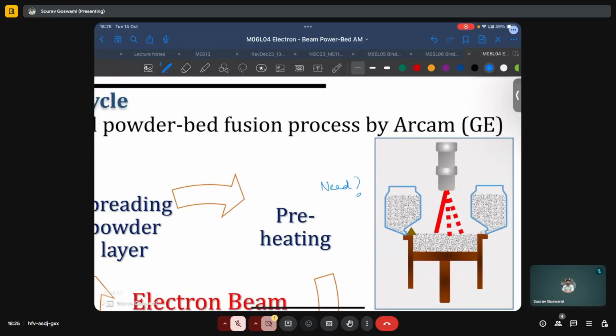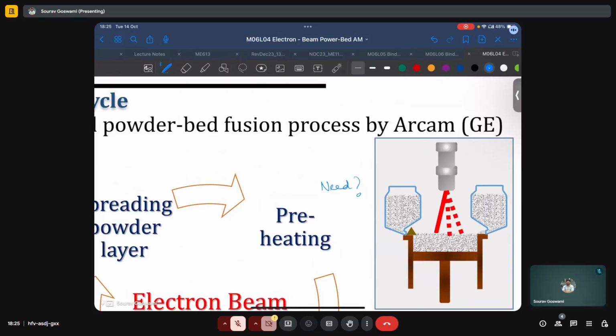One, if the provision exists, we can simply use a different size of electron beam, say if we can readily switch across apertures or something of that sort, so that we now have a coarser beam to scan the surface. Or second, we can defocus the beam and increase the beam spot size.